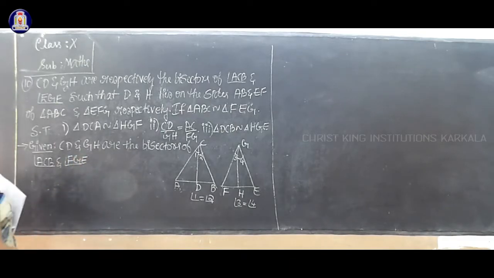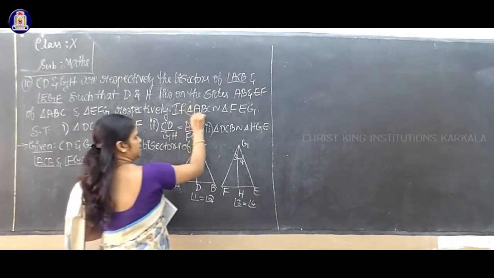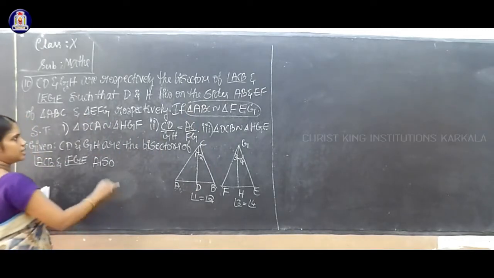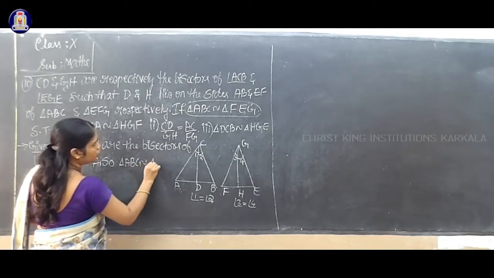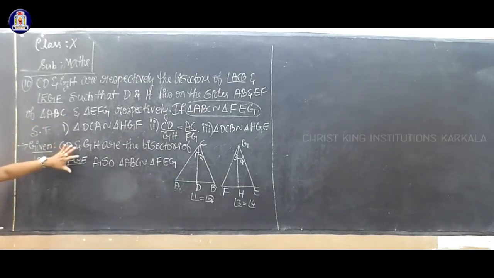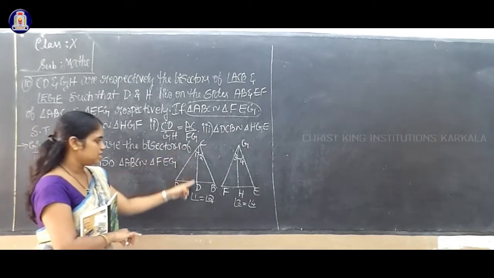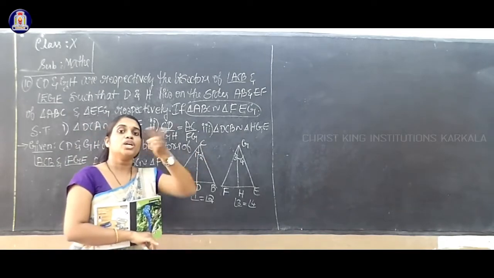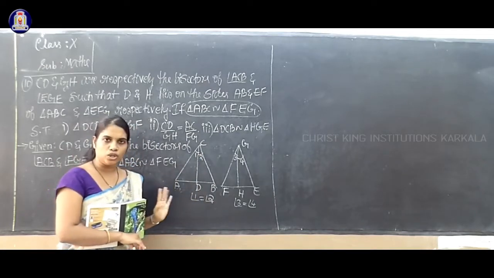Also given in the question, triangle ABC is similar to triangle FEG, isn't it? So I will write here also triangle ABC similar to triangle FEG. This is what they have given in the question. Given CD and GH are the bisectors; this line CD will divide this angle C into two equal parts, that is angle 1 and angle 2. So angle 1 will be equal to angle 2.